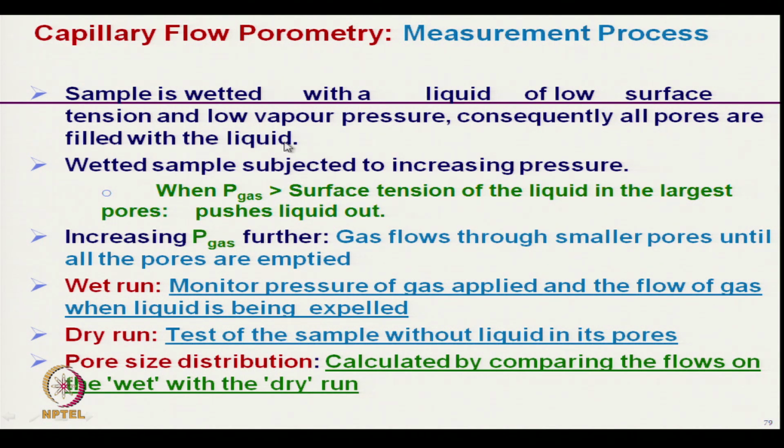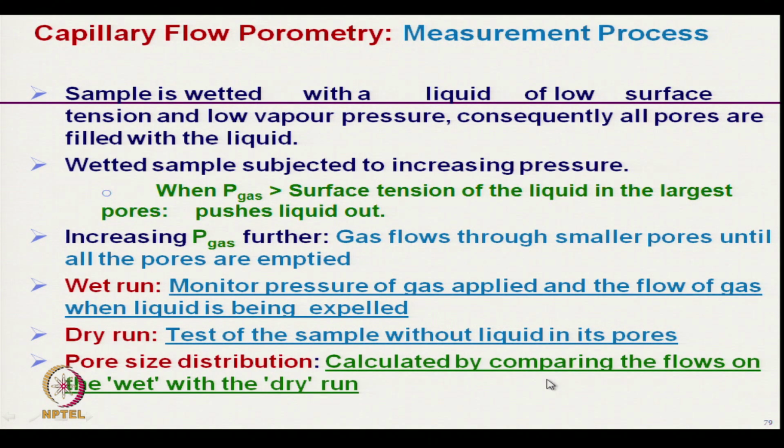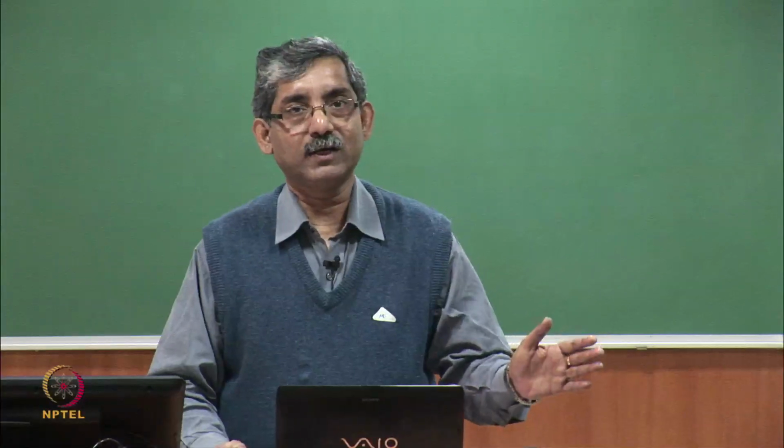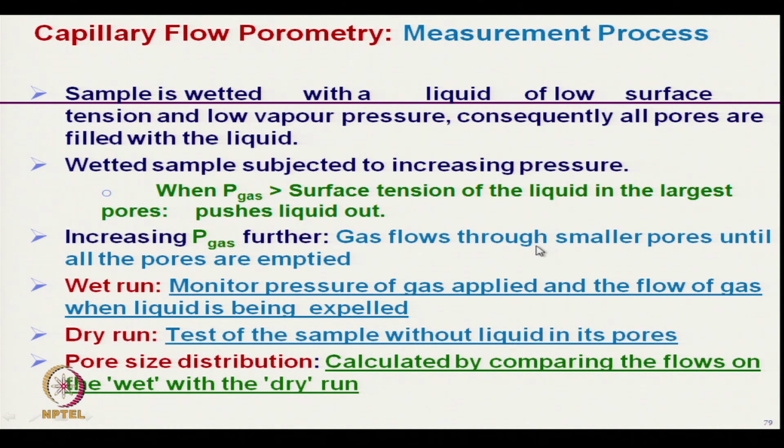When this pressure of gas, P gas, exceeds the surface tension of liquid in the largest pore, it will start pushing out the liquid. At the largest pore the liquid can come out easily, so it will start from the largest pore. As we gradually increase the pressure P gas, the flow through the smaller pores will start, and ultimately the total liquid will come out from the structure.